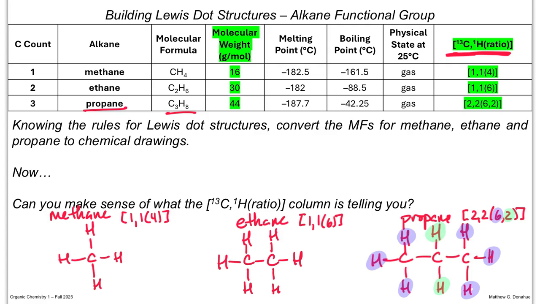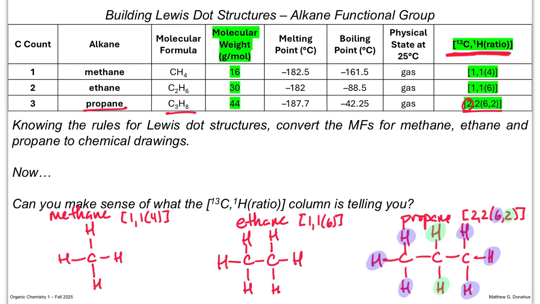the molecular formula is C3H8. There's 3 total carbons, but in the way of reporting this, that first number there says 2, that's associated with the number of unique carbons. So while the molecular formula has 3 carbons, only 2 of them are unique.